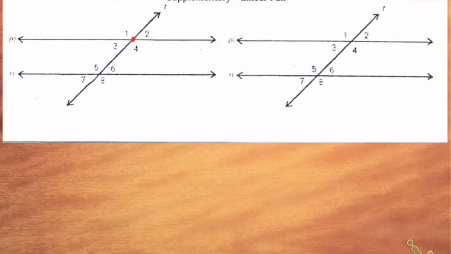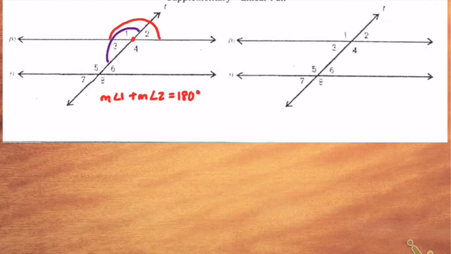Okay, so we can see that the measure of angle 1 plus the measure of angle 2 is equal to 180 degrees. And we can also look at that between 1 and 3. So the measure of angle 1 plus the measure of angle 3 would be equal to 180 degrees.